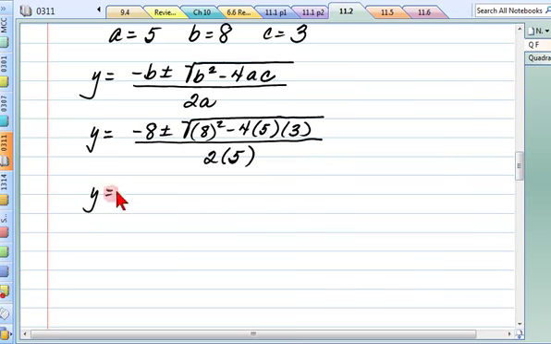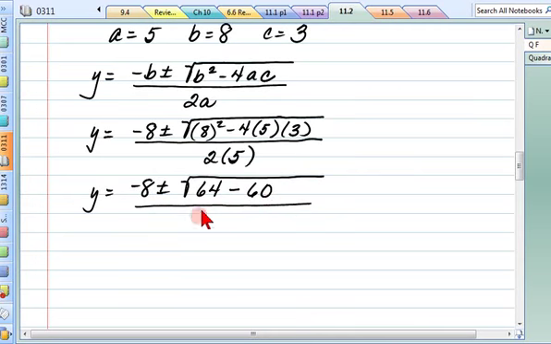So y is equal to -8 plus or minus the square root of 8 squared is 64. Negative 4 times 5 is negative 20 times 3, negative 60, all over 10.